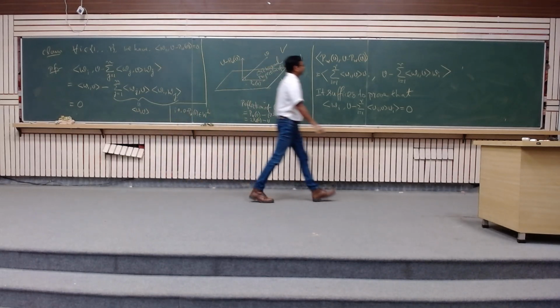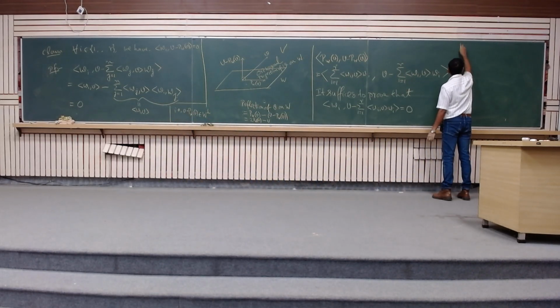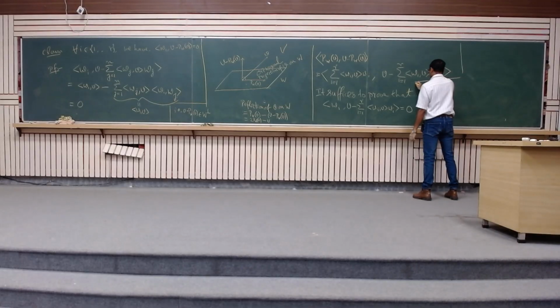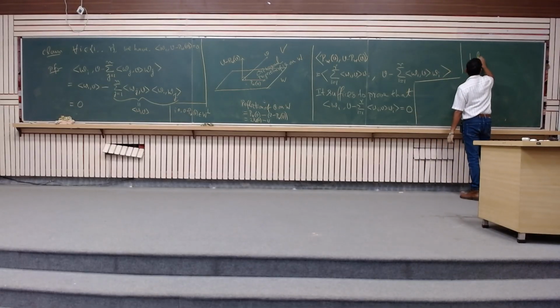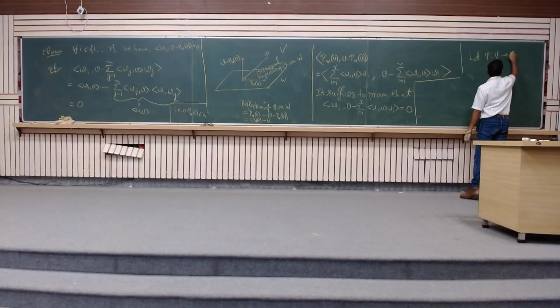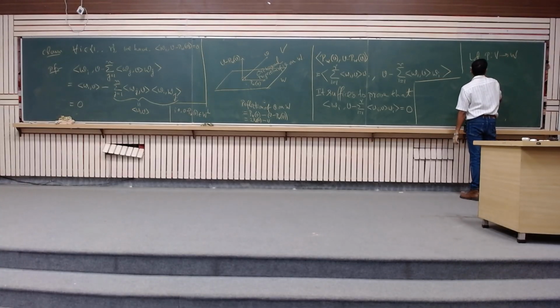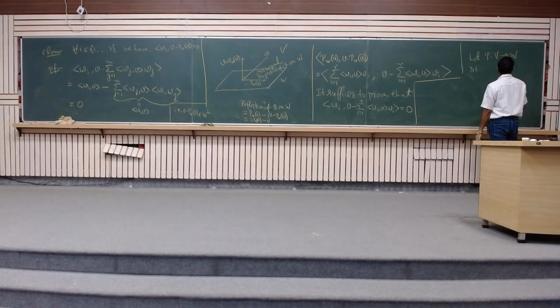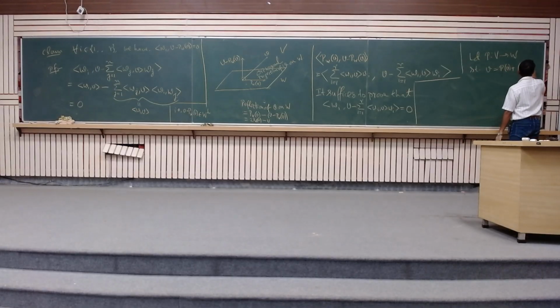Now suppose there is some other such map. Let P be a map from V to W such that every V in V is equal to PV plus V minus PV, where PV is in W and this is in W perpendicular.